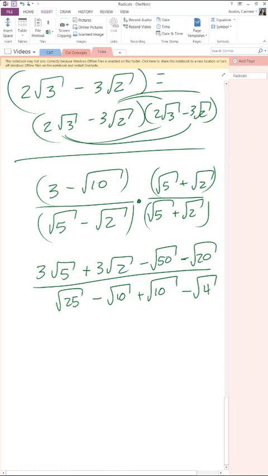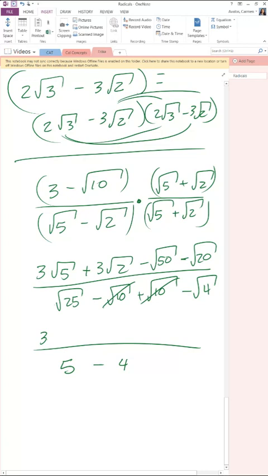So anytime that the bottom ones are exactly the same but different signs, those are called conjugates. And what happens all the time is that the middle term is going to cancel out. And then on the bottom, you're going to have 5 and then minus 4.